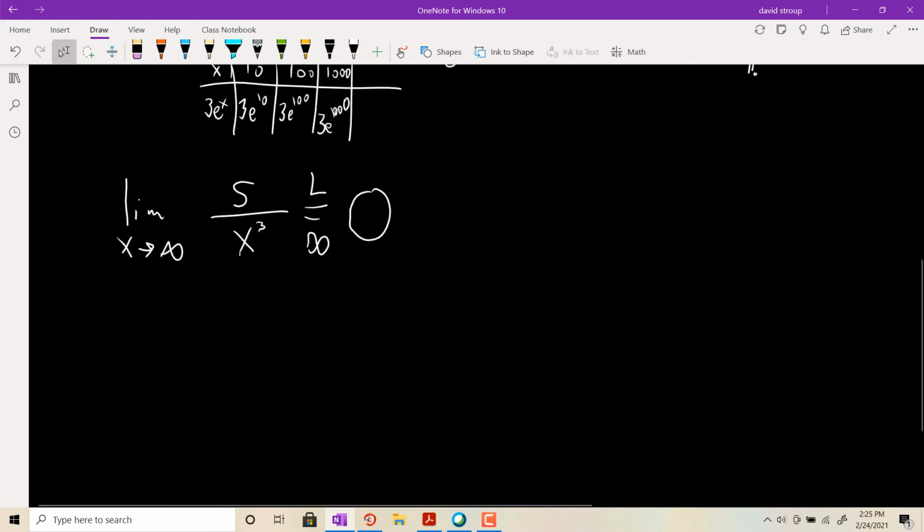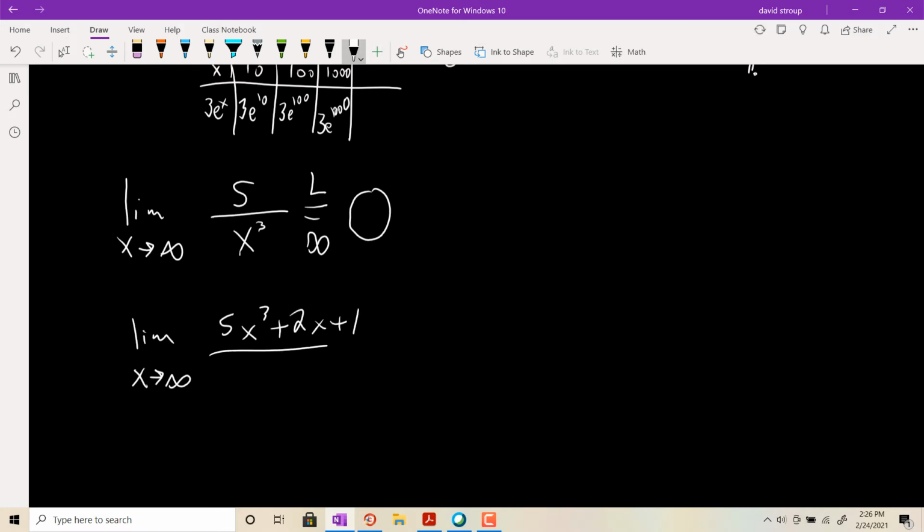And we could use these cases to figure out what happens when you have these weird ratios of polynomials, in other words, rational functions, like 5x cubed plus 2x plus 1 all over 7x to the 5th plus maybe 2x plus 1 again.